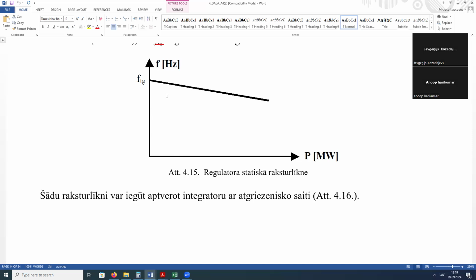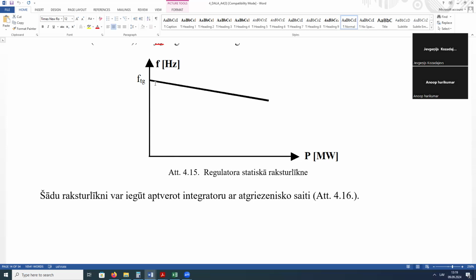But as I said, it is important to make these regulations. That's why we are talking about generators with regulation. Of course, when we make models, we'll see what's going on if we have this regulation and if we don't have this type of regulation.